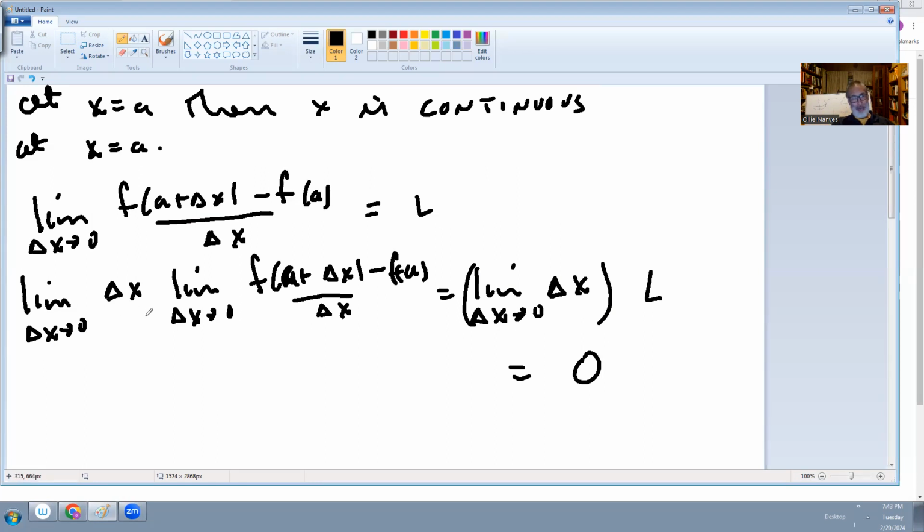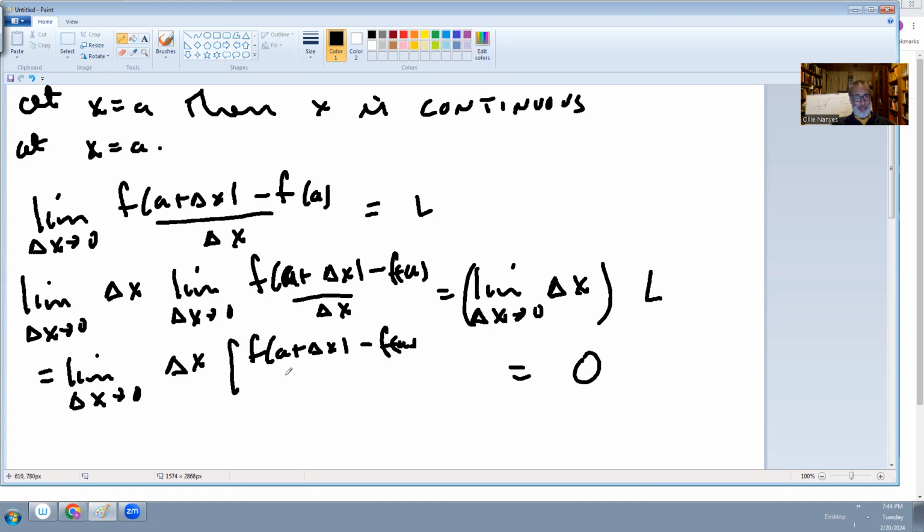And in calculus, you learn that the limit of the product is the product of the limits. So this goes inside, and we have this limit. The delta x's, of course, cancel.